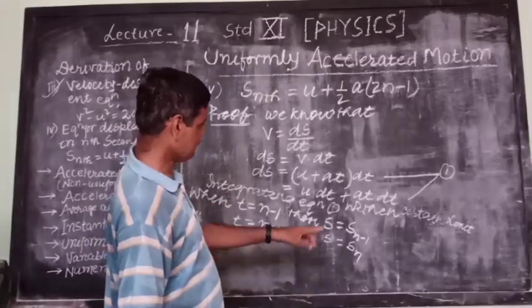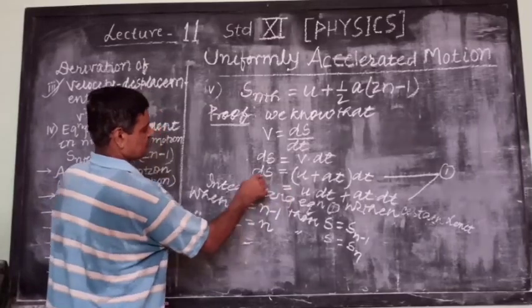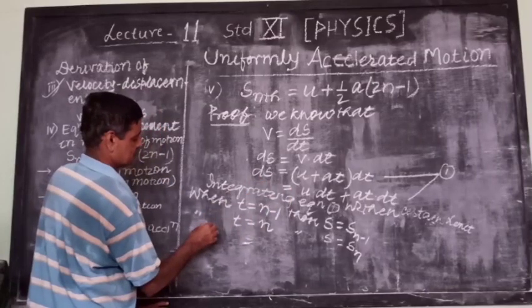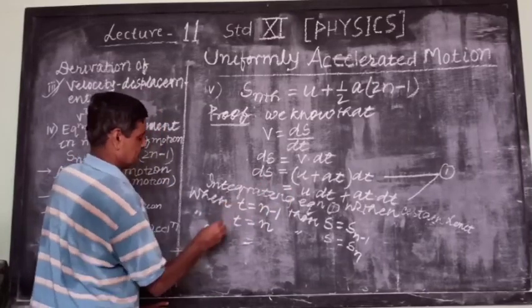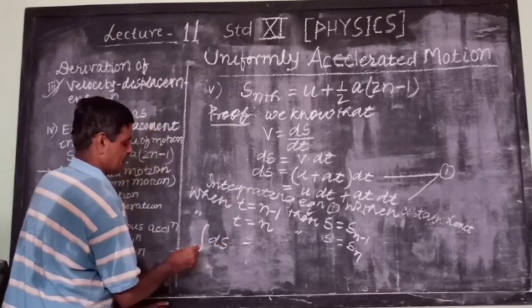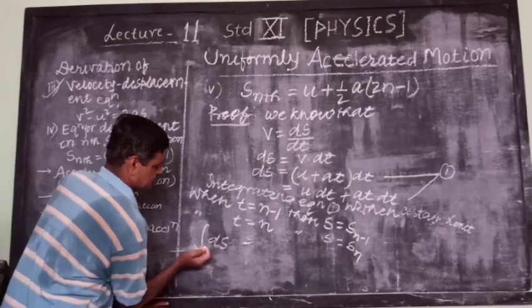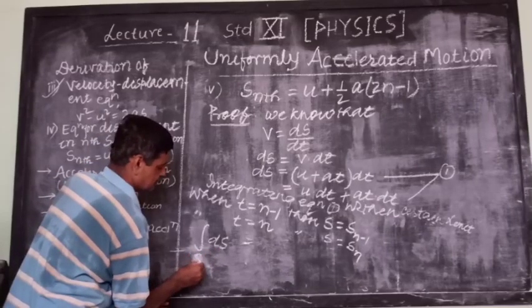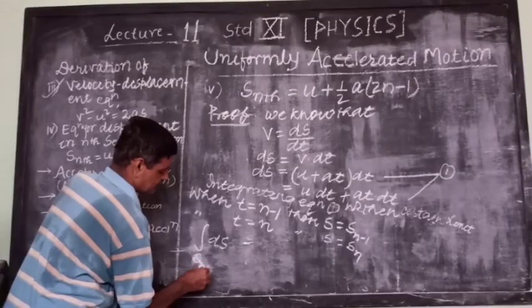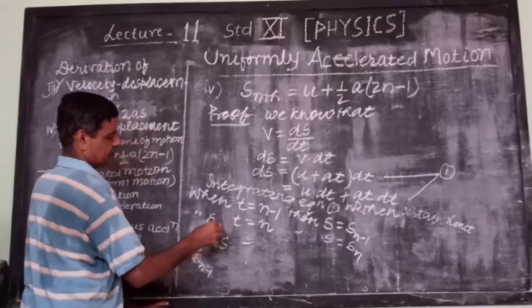Within this condition, we have to integrate this equation. So, the equation first becomes integration of ds from n minus 1 to n, this is your s, n minus 1 to Sn.